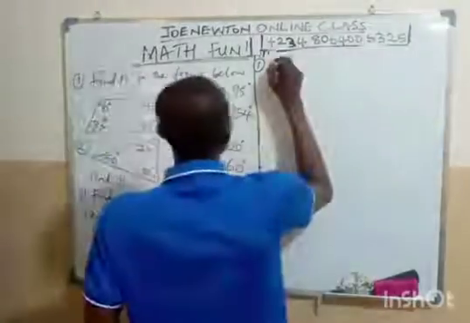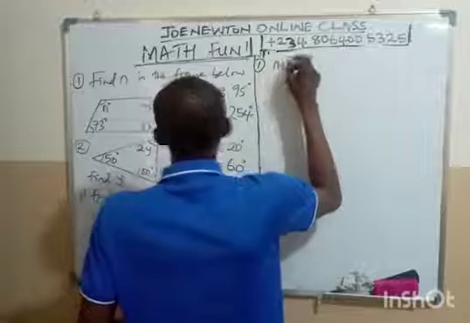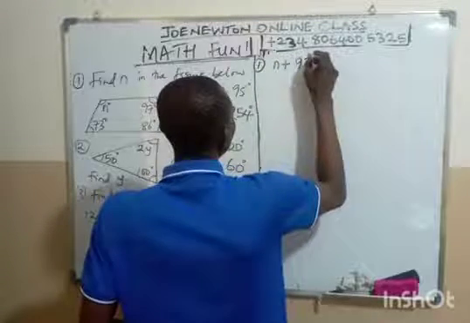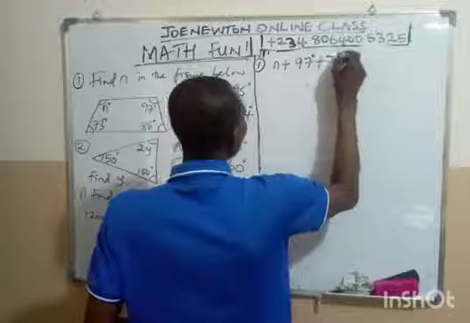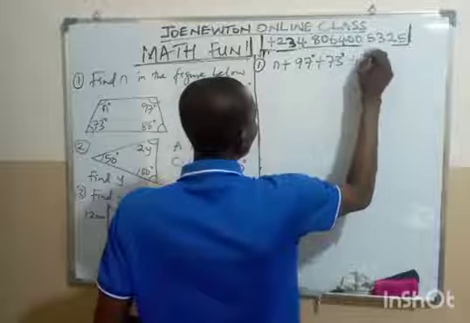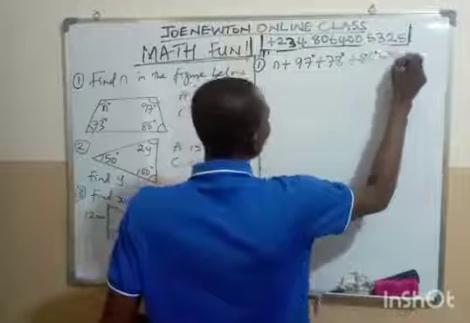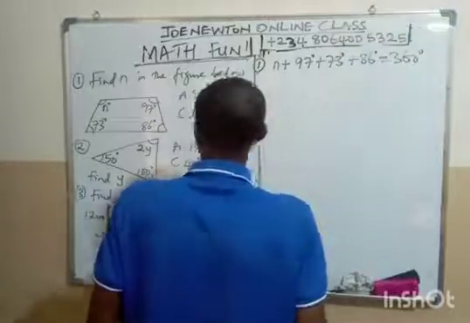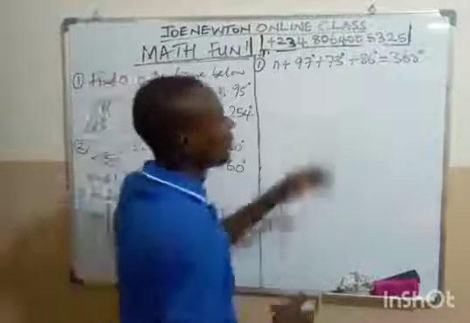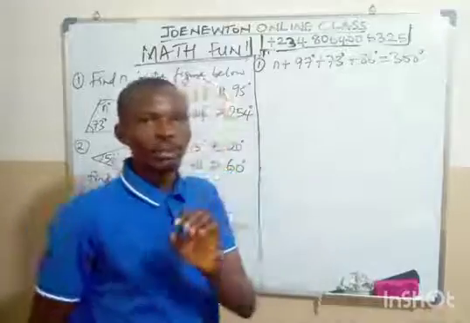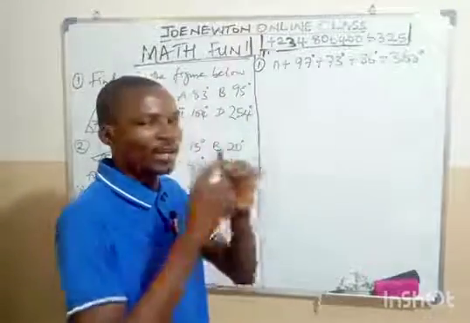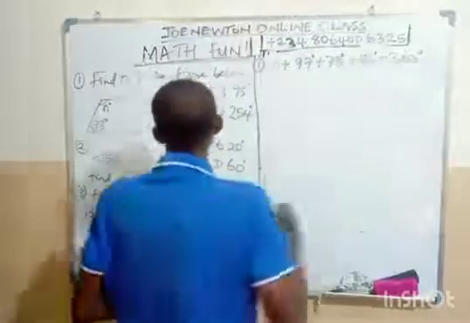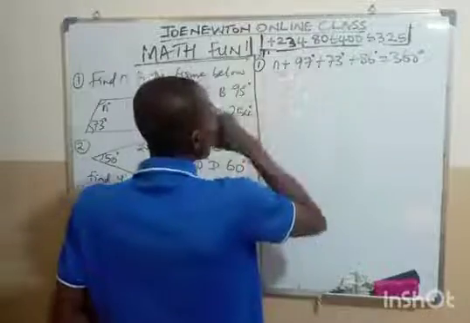So we have that n plus 97 degrees plus 73 degrees plus 86 degrees is equal to 360 degrees. Where we got this 360 degrees is the sum of angles in a quadrilateral, that is any four-sided shape.